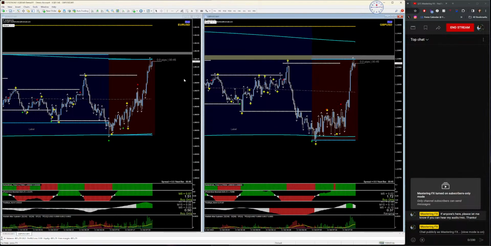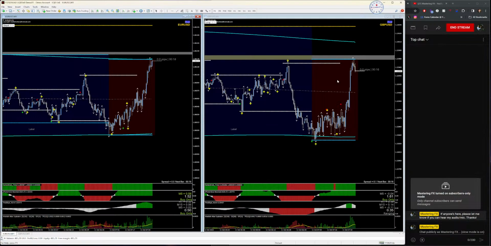So we're looking for sells on both of them. Again, what do we need for a sell? We need a red arrow and a yellow arrow going down, and we need confirmation down here. Check something.